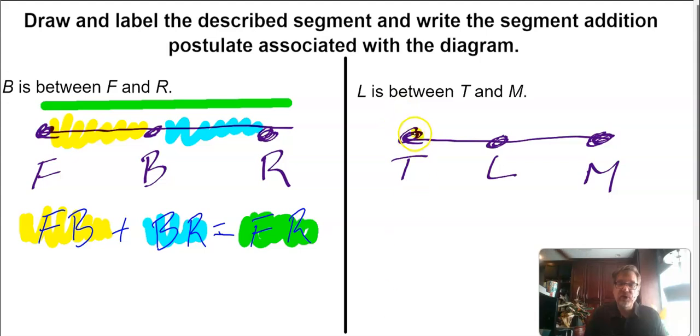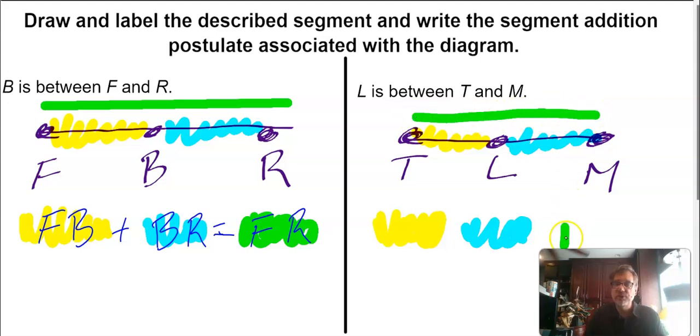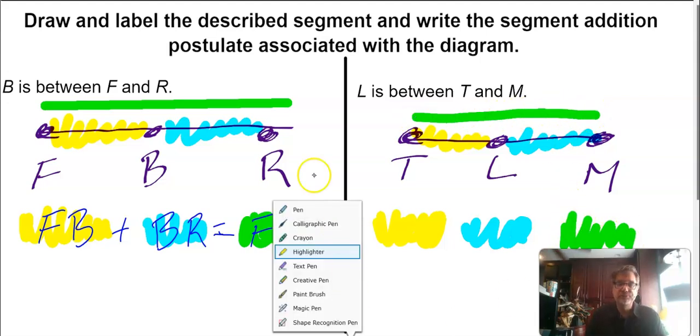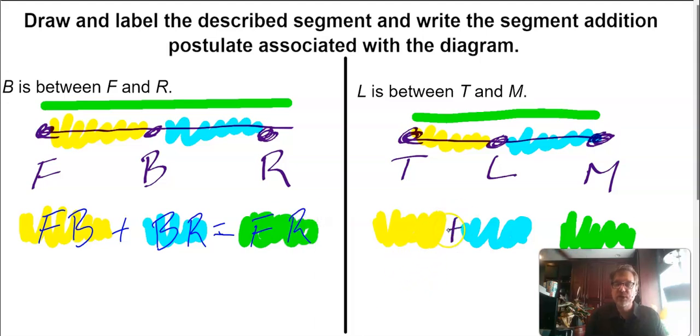So again, front, that yellow piece, plus the back, the blue piece, yellow plus blue, of course, for you art people, equals green. TL plus LM equals TM. There's the segment addition postulate.